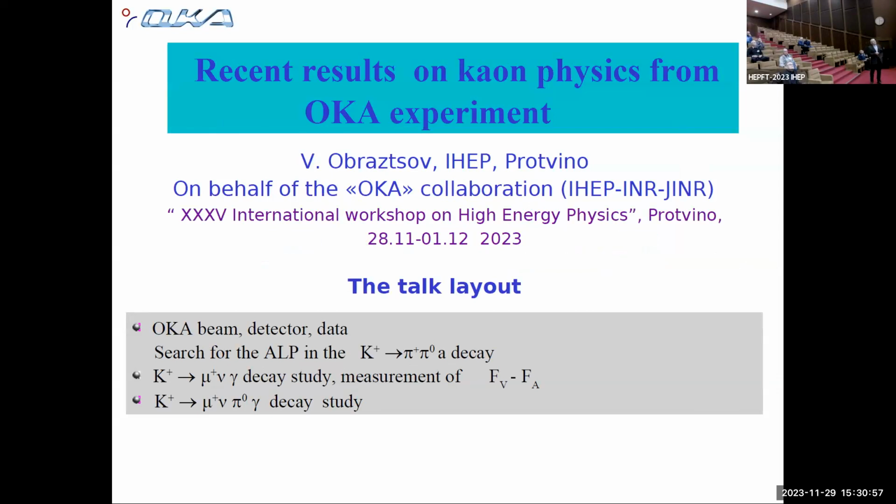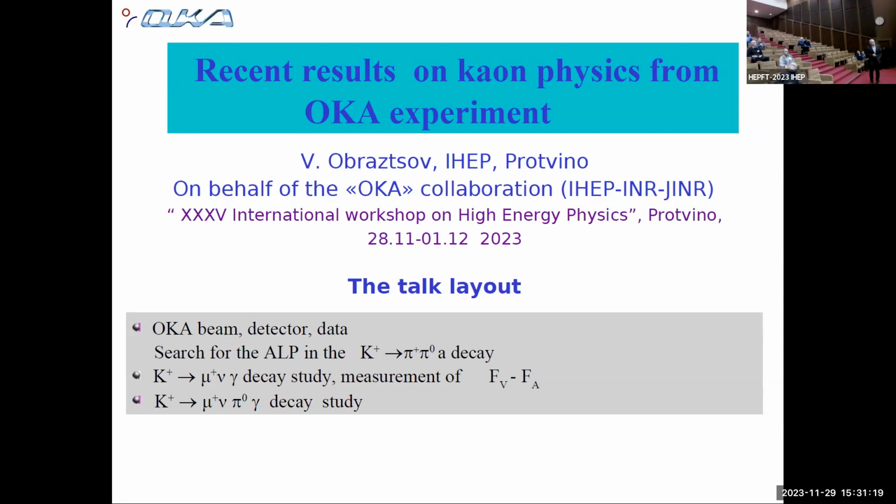Okay, so I will show recent results on kaon physics from the OKA experiment. OKA is a collaboration of the Institute for High Energy Physics, the Institute for Nuclear Research, and Dubna, JINR.